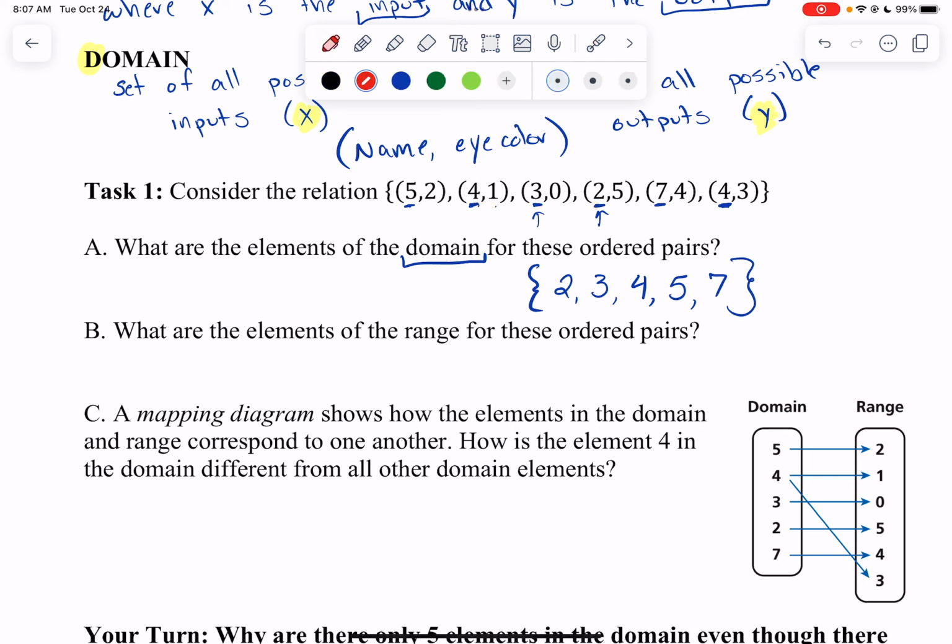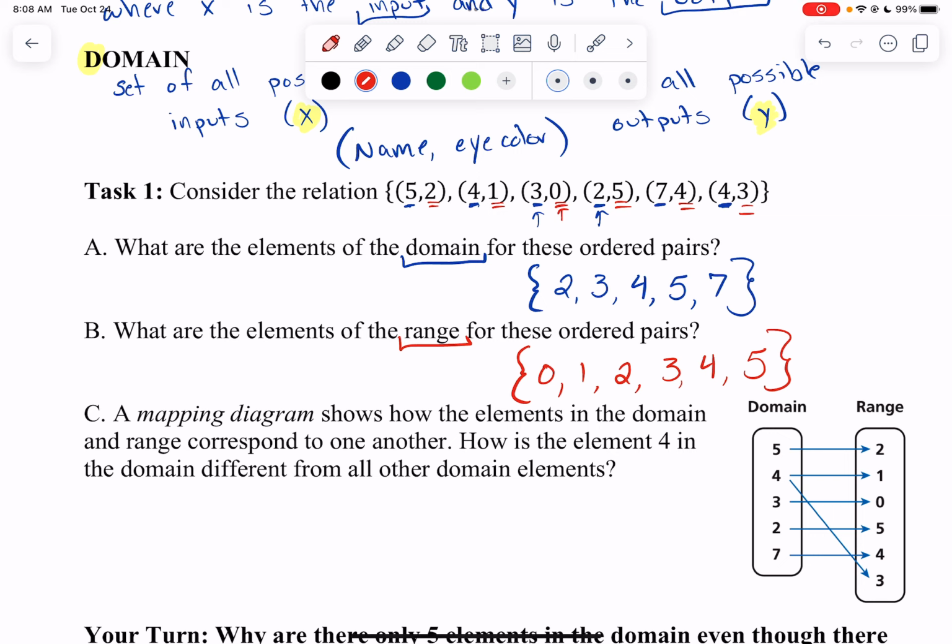Now to find the elements of the range, using a different color. The range is the set of all possible outputs. Again we use a curly bracket, and the smallest range value is a 0, then 1, 2, 3, 4, and 5. So there is my range: 0, 1, 2, 3, 4, 5.